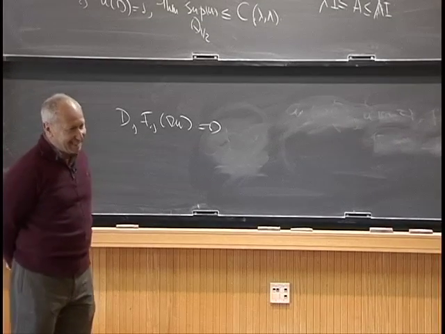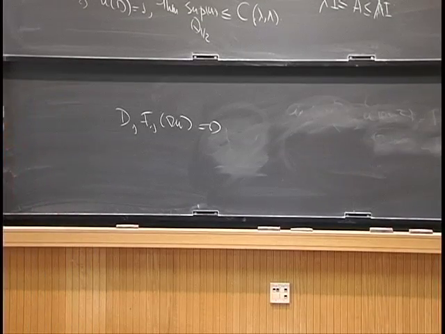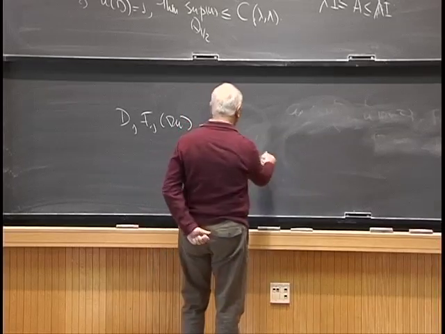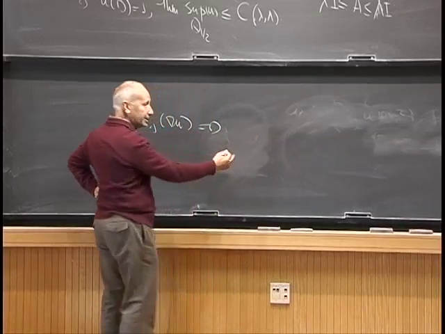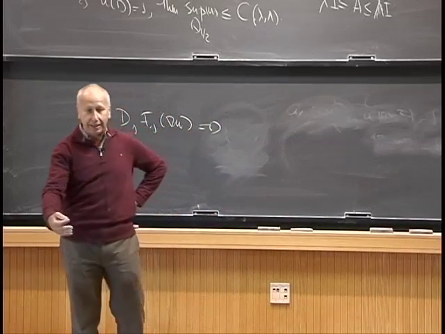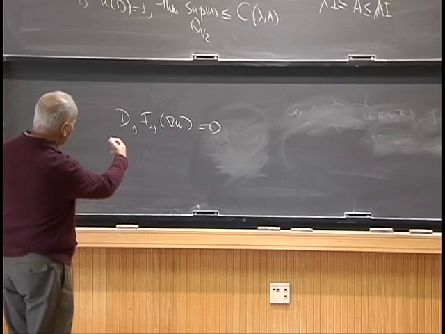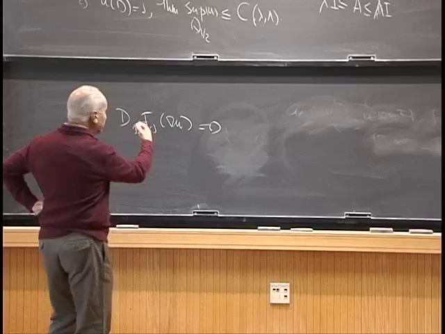This is the following. Whenever you have an equation that has a comparison principle and is invariant under translations, then the first derivative always satisfies something. Okay? And the reason is the following. So suppose I have an equation like this one, which is invariant under translations and has a comparison principle.